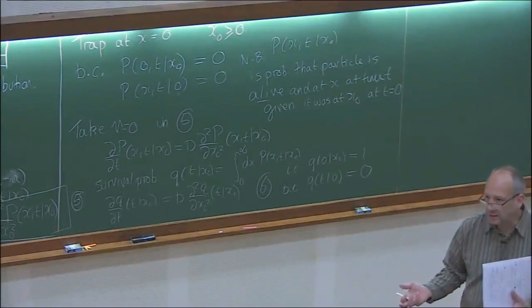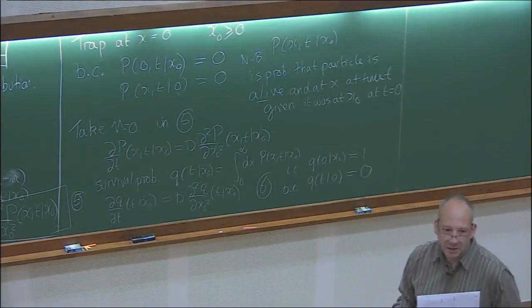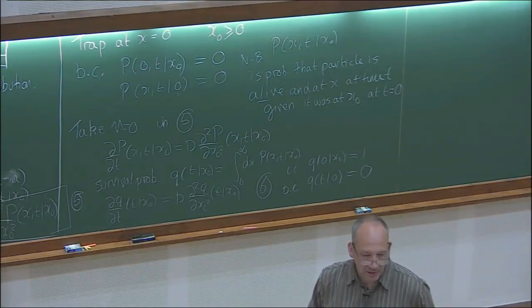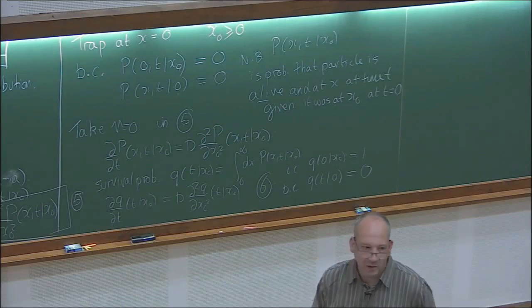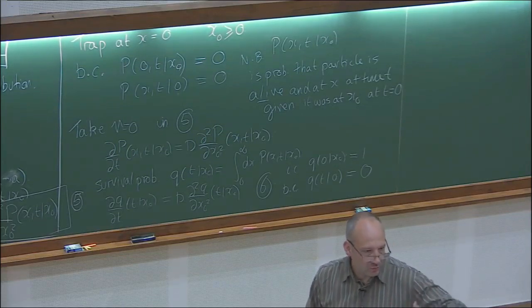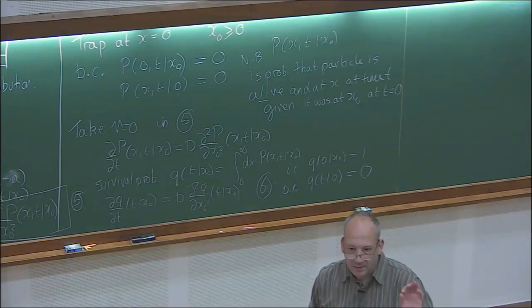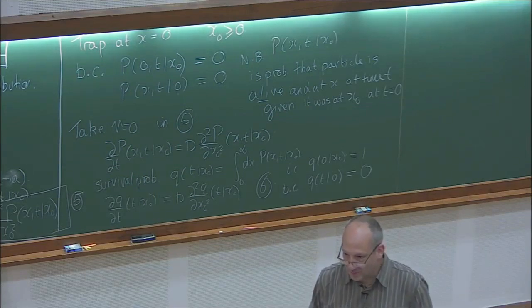So I'm going to solve this by Laplace transform. Laplace transform you've probably all seen, you may not have actually used in anger. The idea is you transform your equation, and it becomes easy. You solve it, and the hard part is then transforming back. That's always the hard part. But I'll say a few words about that.